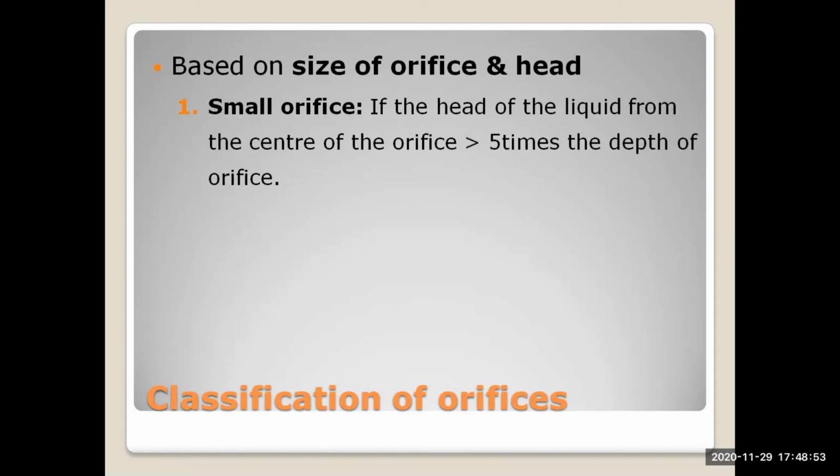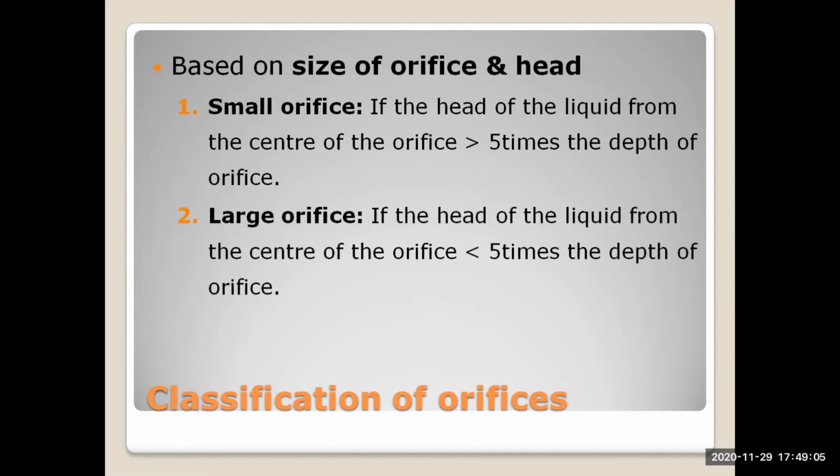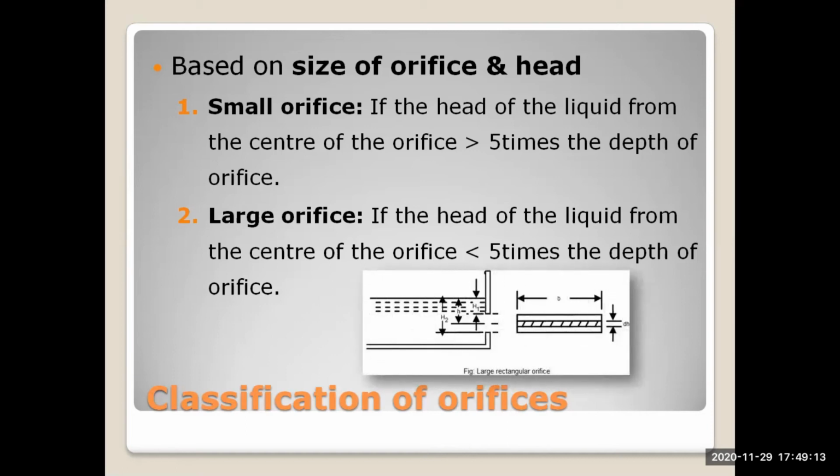What is a small orifice? If the head of the liquid from the center of the orifice is more than 5 times the depth of the orifice, then it is called a small orifice. If the head of the liquid is less than 5 times the depth of the orifice, then it is called a large orifice. The depth of the orifice is nothing but the diameter of the opening, and the head of liquid from the center of the orifice, in the figure, is the small h.